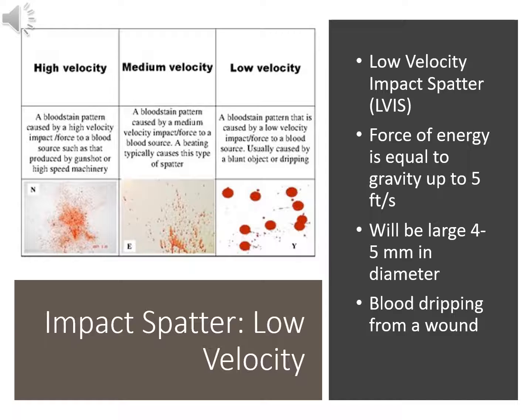And again, an example would be blood dripping from a wound, or blood spatter caused by a blunt object that was not swung with particularly great force by the assailant. So looking at the image there in the top of the slide, you'll see far right we see the pattern for our low velocity impact spatter.